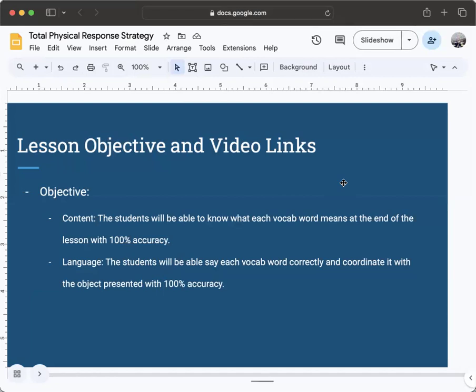Now, for students with hearing and vision disabilities: for hearing, I would write the word of the object on the board if the student didn't understand what it meant beforehand.